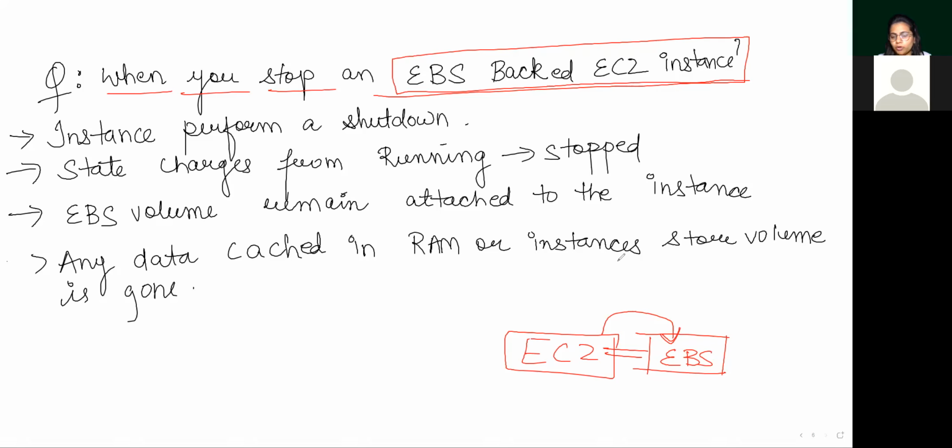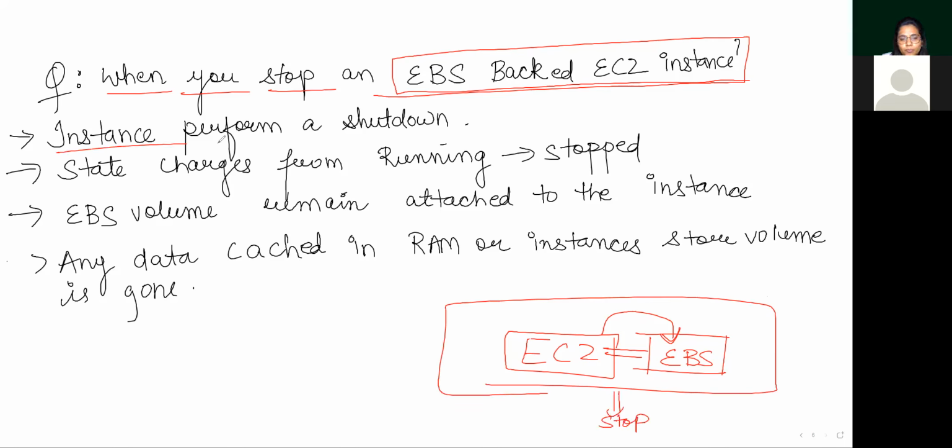Now, when you want to stop that running instance, what can come up? The instance performs a shutdown, meaning at any stage your EC2 instance stopped running or shut down. At that time, the state changes from running to stopped. If earlier your EC2 instance was running, but after some time it is showing the status as stopped, at that time you have to remove it.